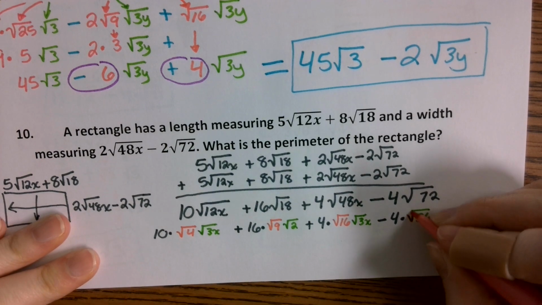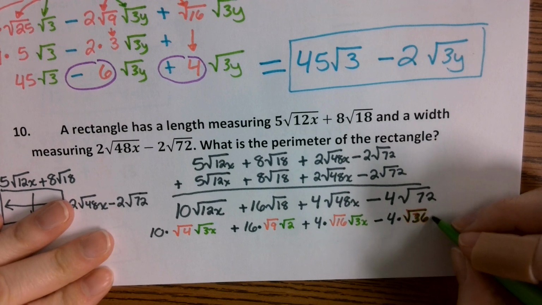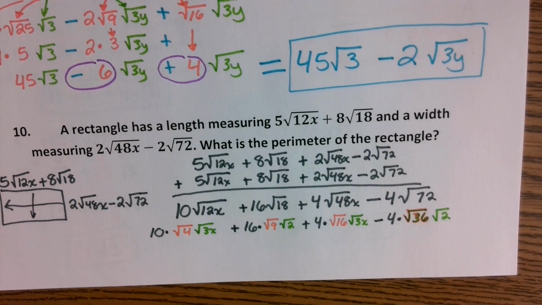Oops, that should have been in pink, sorry, square root of 36. And square root of 2. Okay, so now let's go ahead and simplify all those square roots.